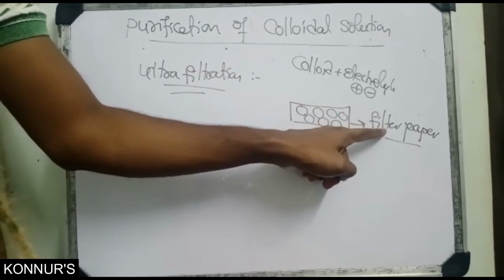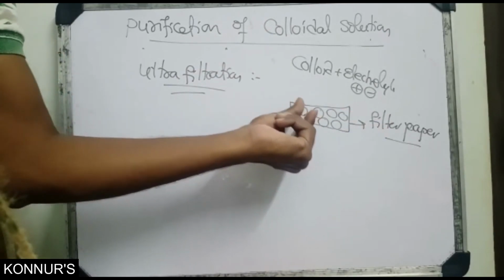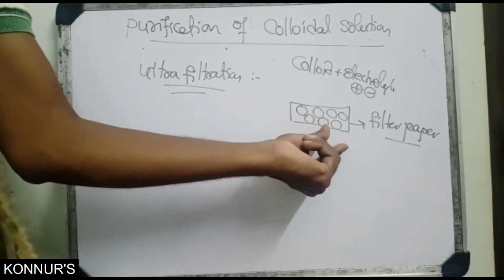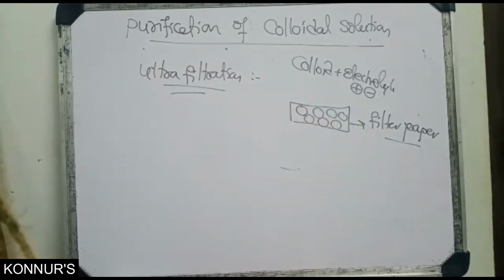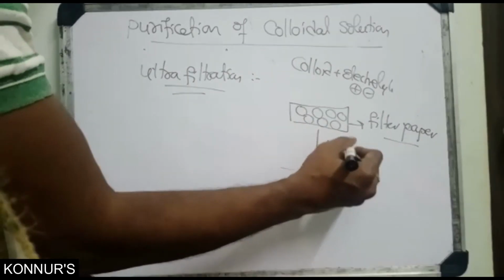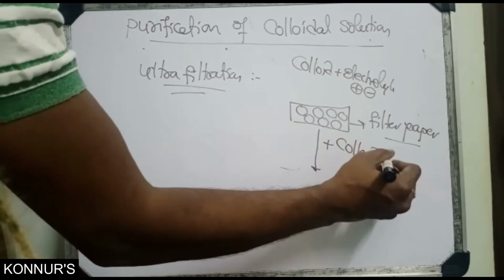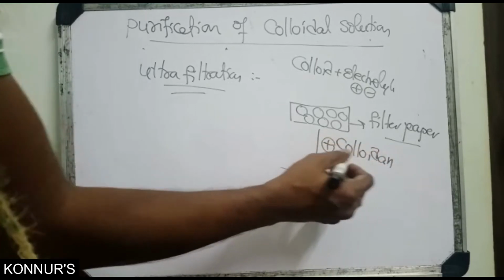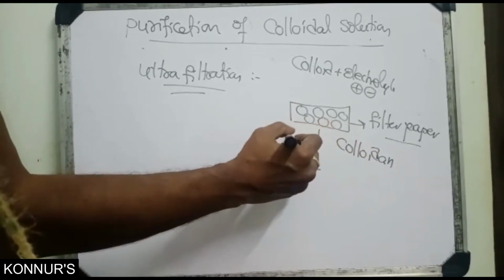So this filter paper we convert into a filter paper with small, fine holes. What they do is mix it with colloidal material. So this is the material. What is the colloidal material?